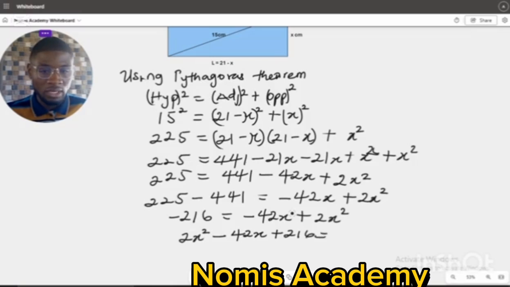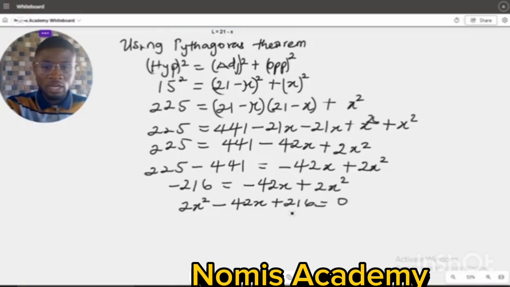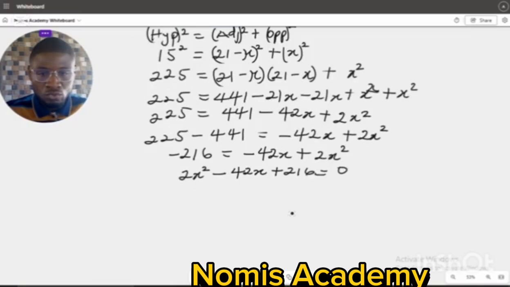Okay, can I simplify it better? Let me say 2x squared minus 42x plus 216, all divided by 2, equals 0.